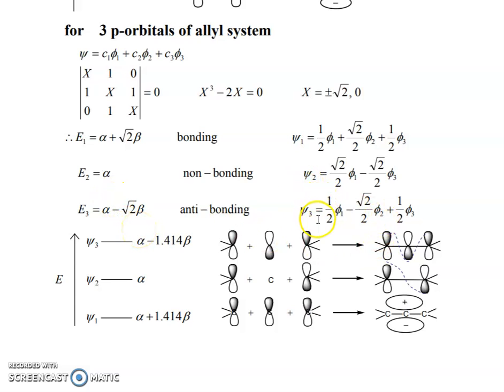So we have psi 1, psi 2, psi 3, with energies alpha plus 1.414 beta, alpha, and alpha minus 1.414 beta quantitatively. So this is your bonding, non-bonding, anti-bonding.